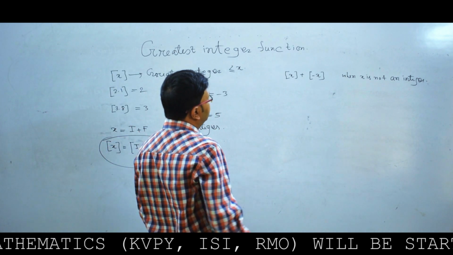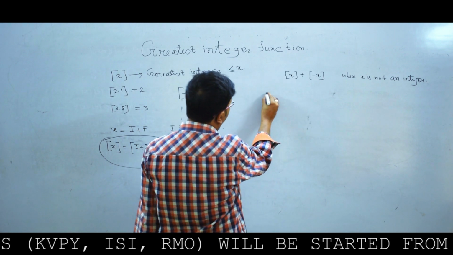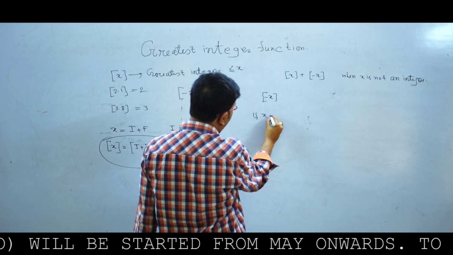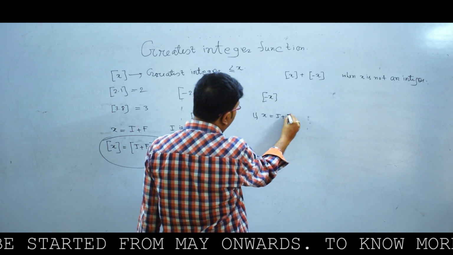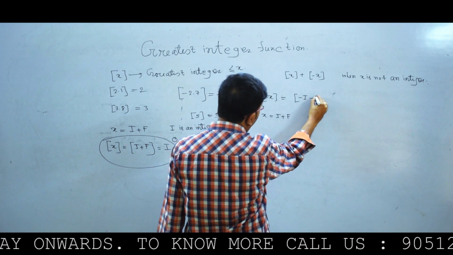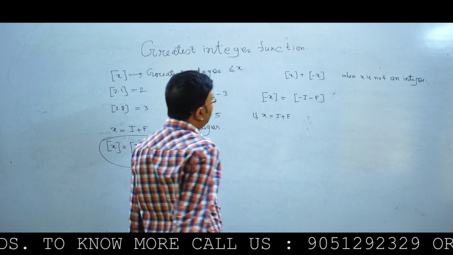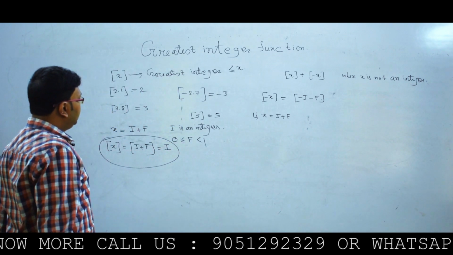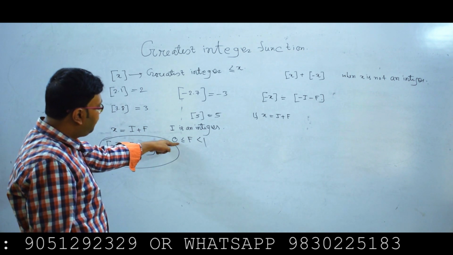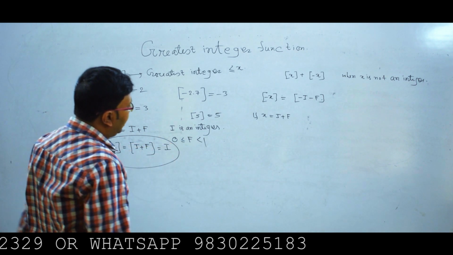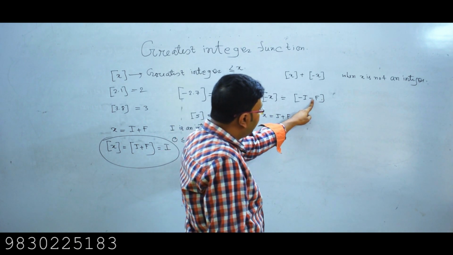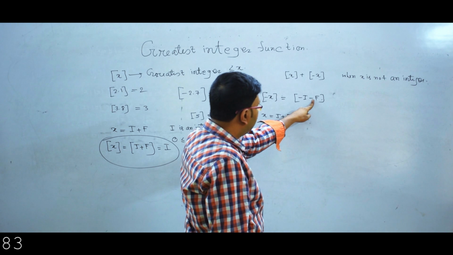Now, starting with box of minus x: if x equals I plus f, then box of minus x equals minus I minus f. Now what I have told just before, that box x equals I plus f, where f lies between 0 to 1, and here the fractional part is minus f, which lies between minus 1 to 0.